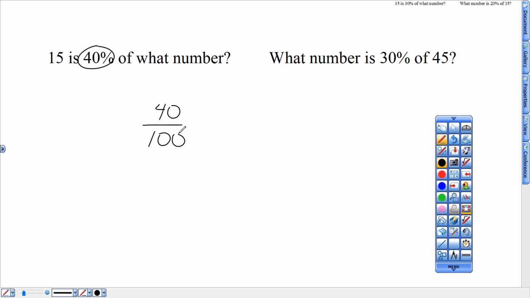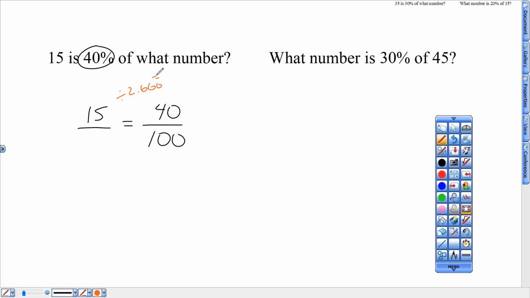The first number, 15, goes on top. What I'm trying to find, I don't know, that's down here. But if you look at this one, if I divide 40 by 15, that gives me a yucky decimal number. I don't want to be dividing by some weird decimal number. No way, don't want to do that.